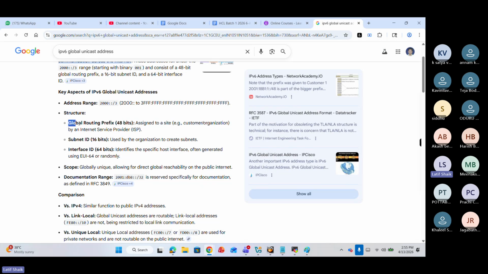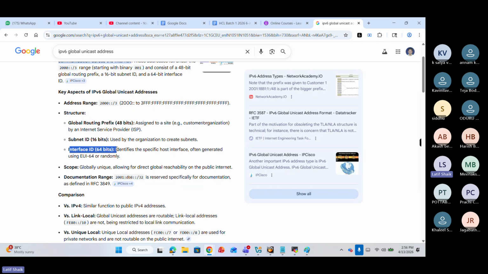The global routing prefix is 48 bits assigned to a site, a customer or an organization. Then the subnet ID. Then the interface ID, which is the host ID, often generated using EUI-64 or randomly. So 64 bits belong to the host ID.